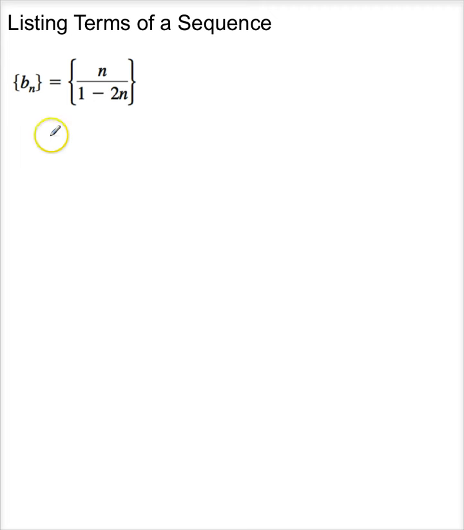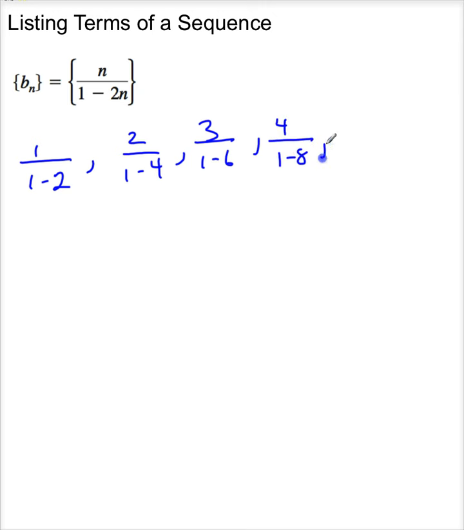Now, let's list the terms of this one. b sub n is equal to, if we're just listing terms, I don't want to list b here. So this is going to be 1 divided by 1 minus 2, comma, 2 divided by 1 minus 4, comma, 3 divided by 1 minus 6, 4 divided by 1 minus 8.